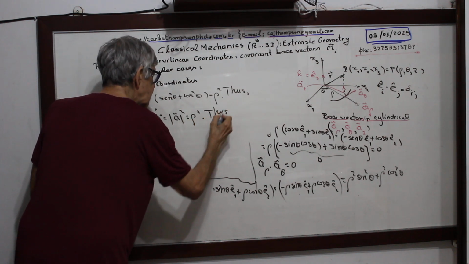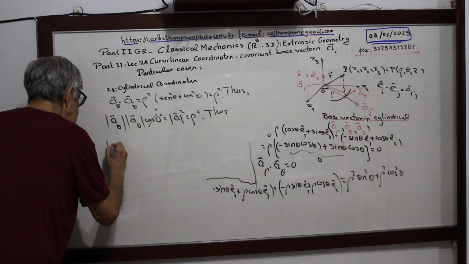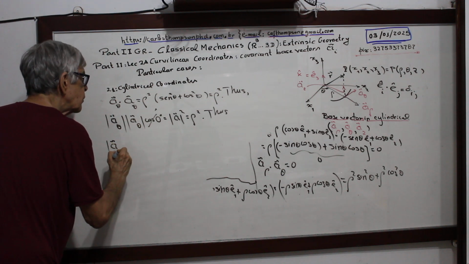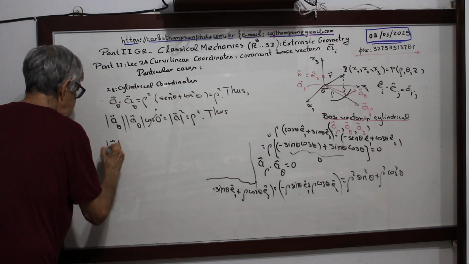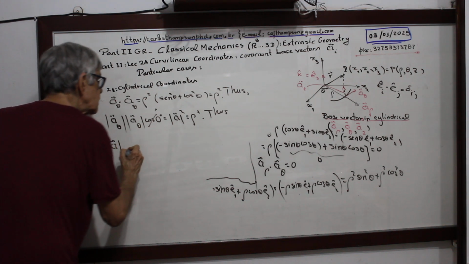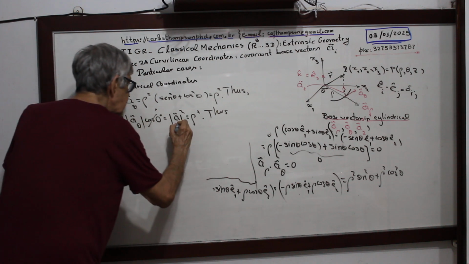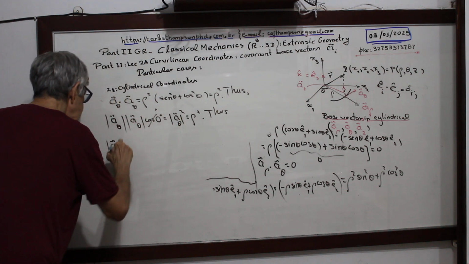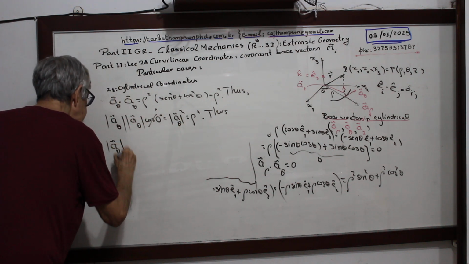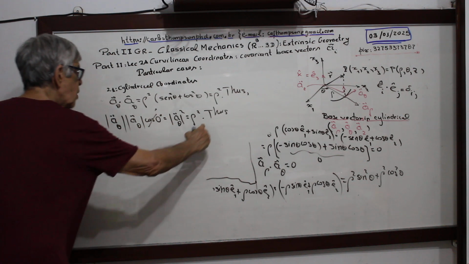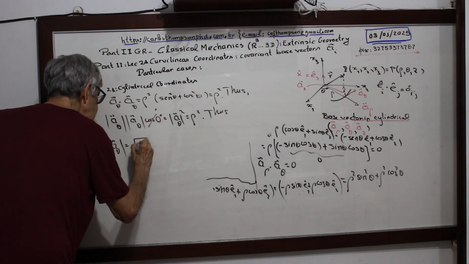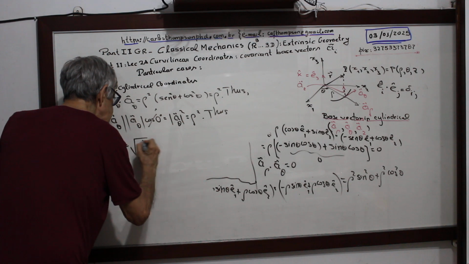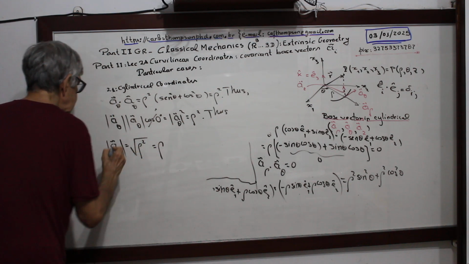Thus, the modulus of A theta is equal to the square root of rho square, which is rho.